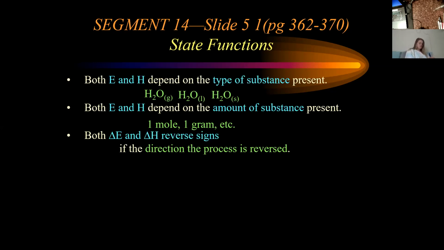So when you do the subtraction, if the reaction is exothermic in one direction, you turn it around, it becomes endothermic. So you change the sign of the heat flow for delta E or delta H when you change the direction of the reaction. If it's negative, it becomes positive. If it's positive, it becomes negative.